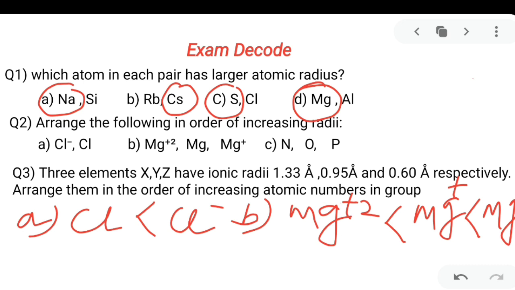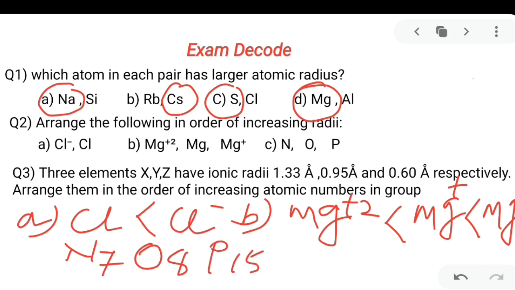Now, the next question is nitrogen, oxygen and phosphorus. Nitrogen atomic number is 7, oxygen atomic number 8 and phosphorus atomic number 15.